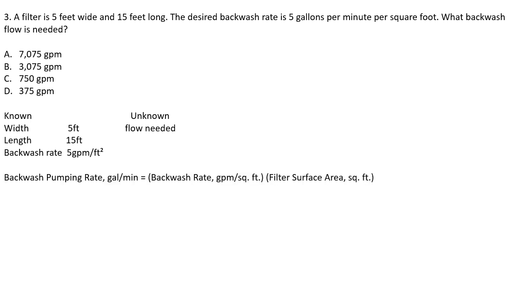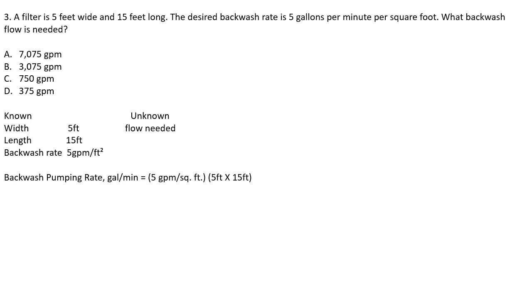The formula for backwash pumping rate, gallons per minute, is equal to backwash rate, gallons per minute per square foot, times the filter surface area, square foot. So let's plug everything into our formula. So we had a backwash rate of 5 gallons per minute per square foot times the area, so 5 foot times 15 foot of the filter.